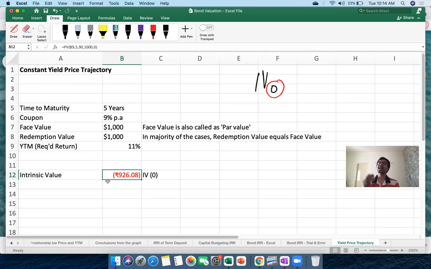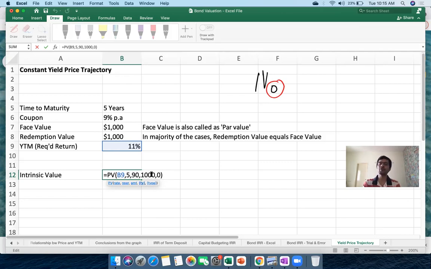Now, obviously, as years pass by, if you look at the formula that we have used to calculate intrinsic value, there are 4 inputs going into it. The first input is the required rate of return, which is 11%. The second input is the number of years left for maturity. The third input is the coupon rate or the coupon amount. And the fourth input is the redemption value.